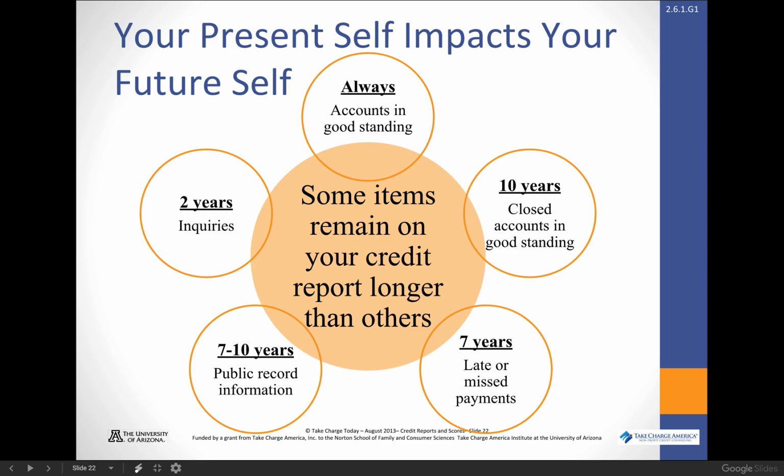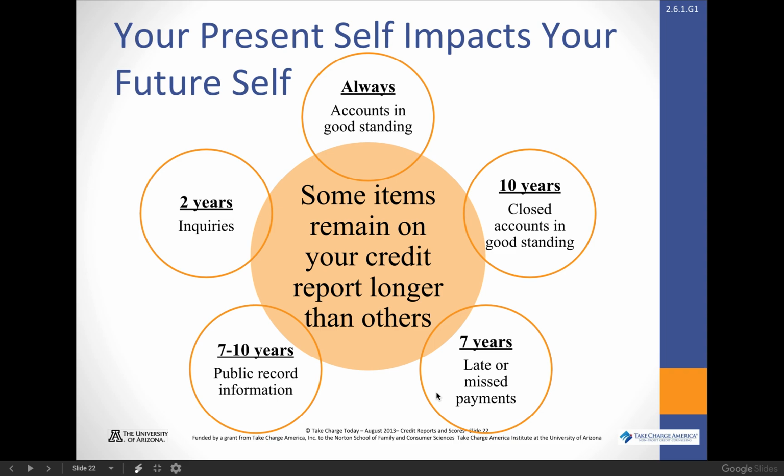It does vary on how long things last on our credit report. So if we go around counterclockwise on our circle, our inquiries, so how many inquiries we have about our credit report, will stay current for 2 years. Any of that public record information, so bankruptcy, tax liens, collections agencies, will be available on our credit report for 7 to 10 years.